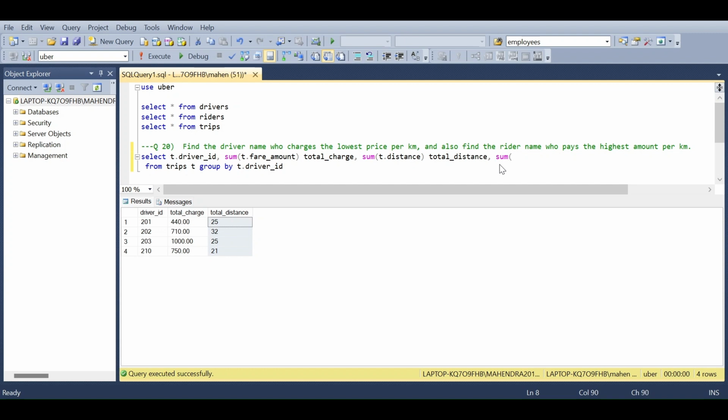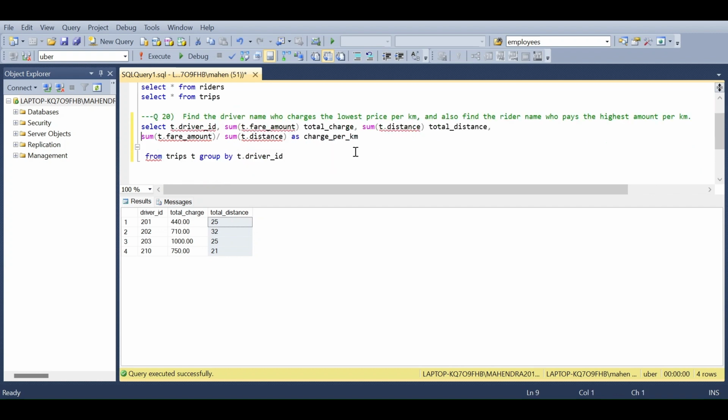So how can we get it? We will use sum of fare amount divided by sum of t dot distance as charge per kilometer. Now if we execute this one, you can see for each driver this is the total amount, this is the total distance that he drove, and this is the amount he is charging for each kilometer.